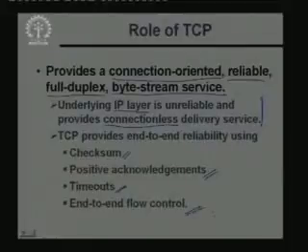Flow control means if the sender is sending data too fast and the receiver cannot accept it at that rate, the receiver can send a request to the sender that, well, please slow down the speed of transfer. Okay. This is called flow control.